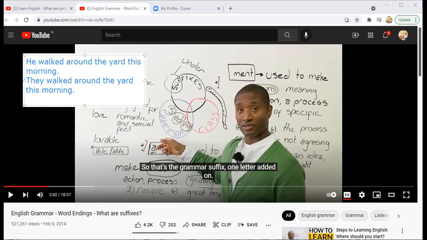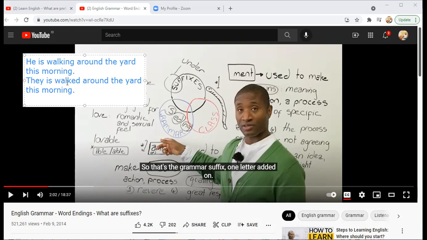And then if it's walking, itu jadinya lain lagi. He is walking. Ini harus pakai to be jadinya.